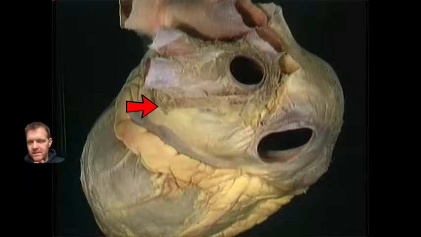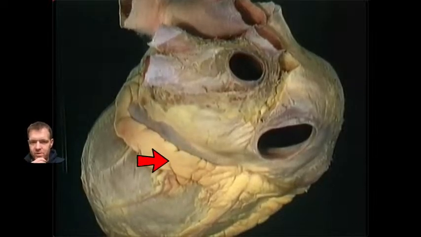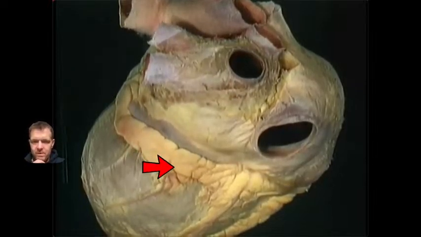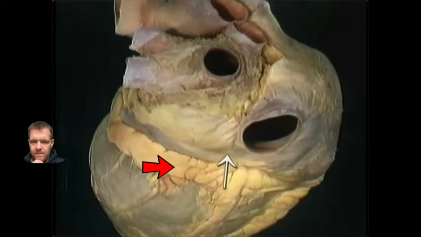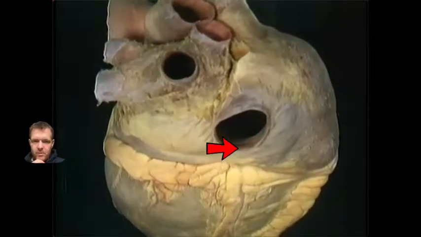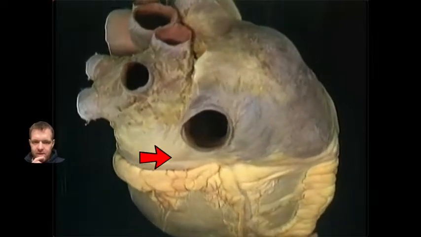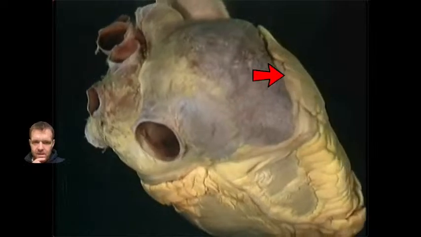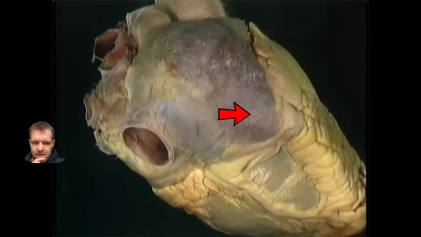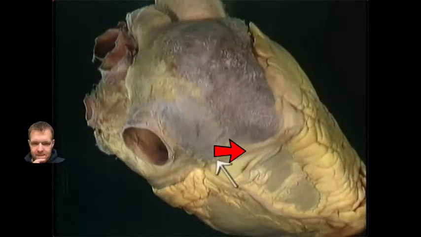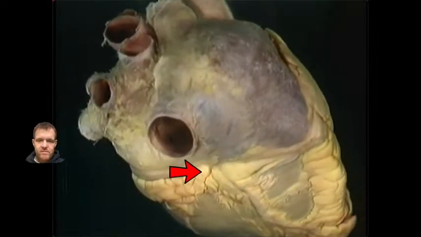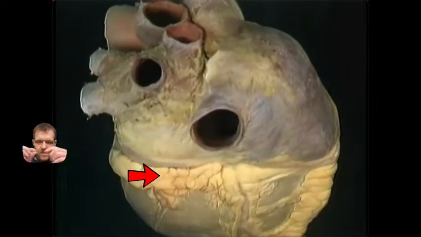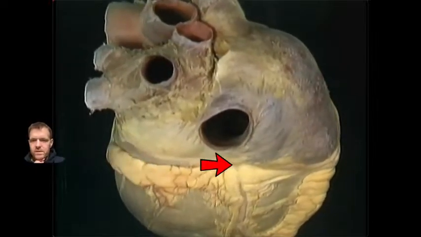Okay, so the kind of gap, if you like, between the atria and the ventricles that we saw previously. There's your opening for the inferior vena cava. So this will be your right atrium just here. And then there's another vessel running underneath there. So that's where we saw the vessels running previously. So the grooves in which the vessels run are the coronary sinus.